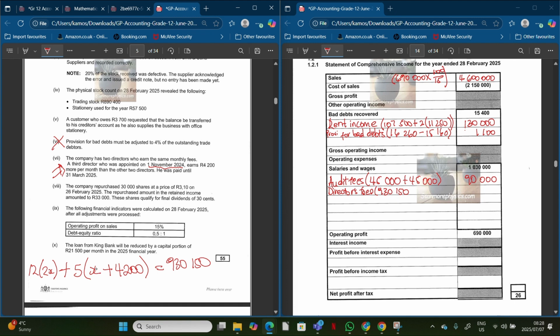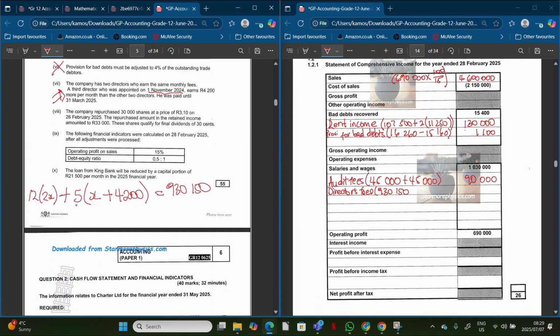Because what we are trying to find is the value of x, plus the 4,200 of this person, the new employee who was employed in November. So let's do our maths here. We're going to get 24x, then plus 5x, then plus 5 times 4,200, which gives us 21,000.